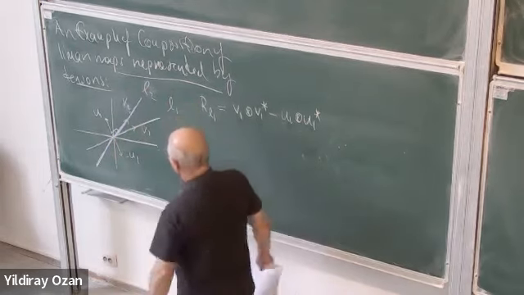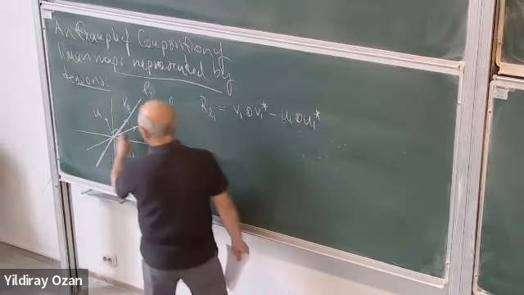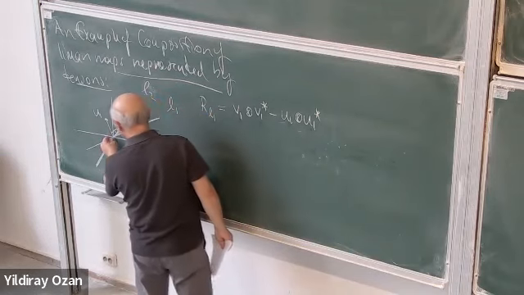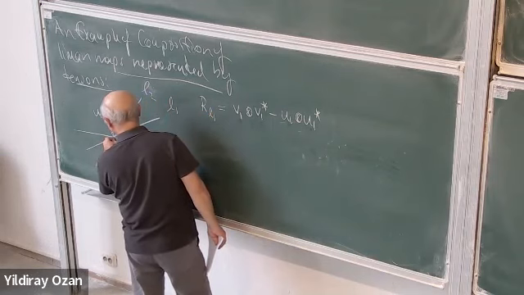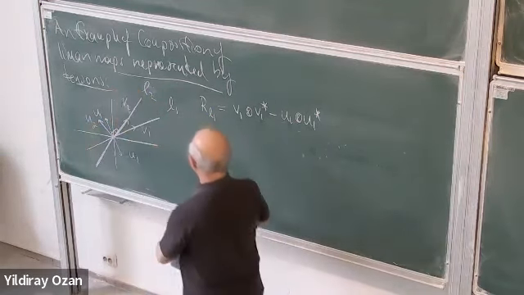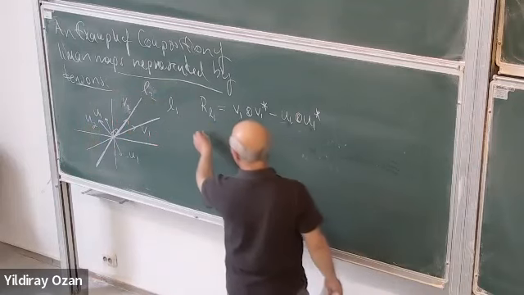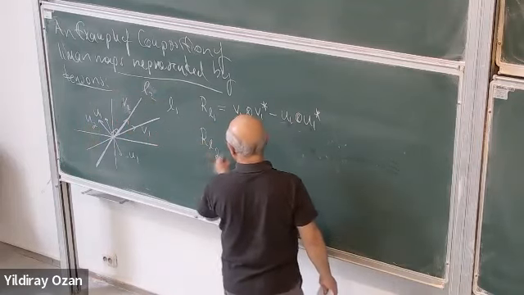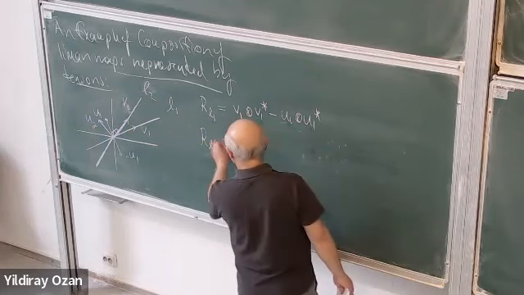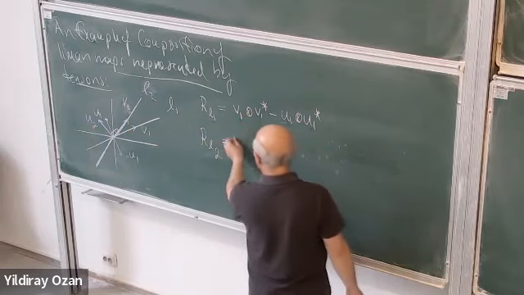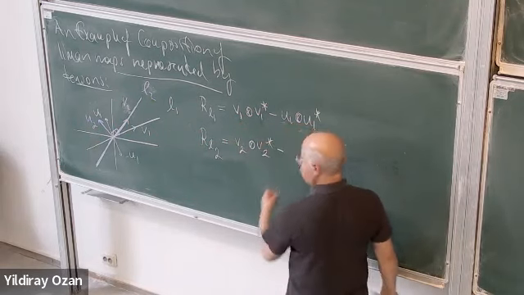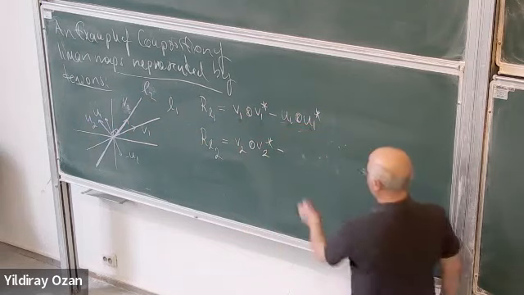And here, of course, we will also need a vector perpendicular to L2, and it is, let's say, U2, right? And what is reflection with respect to L2? That will just map V2 to V2 and U2 to minus U2.